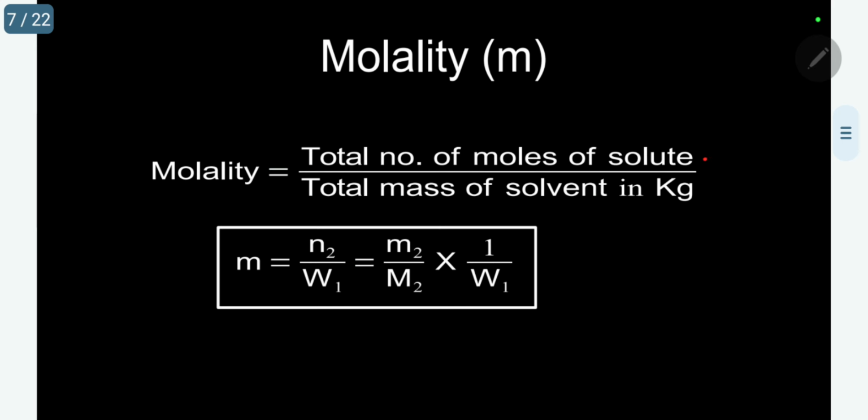For that, as I already informed you, this is the formula. Molality equals total number of moles of solute divided by total mass of solvent in kilograms. That is n2 by W1. n2 can be expressed as m2 by capital M2, the molecular weight, into 1 by W1, where W1 is kilograms of solvent.